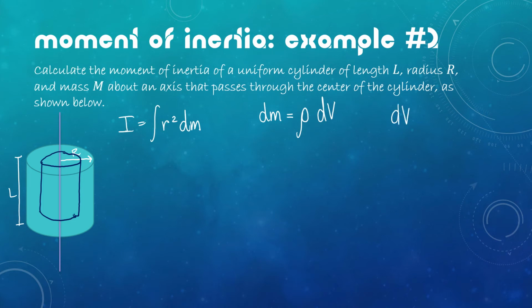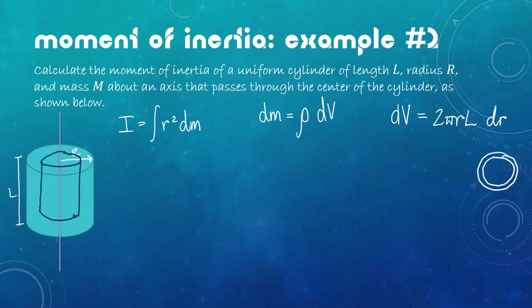So my volume, my little bit of volume in this case, is going to be equal to that circumference, 2 pi little r, times the length of my cylinder, times that little bit of thickness, because again, it can't have 0 thickness, it has to have a little bit. So you could almost think of it as if we were looking top down, it would have just a tiny bit of thickness, and that distance between those two circles would be my dr here.